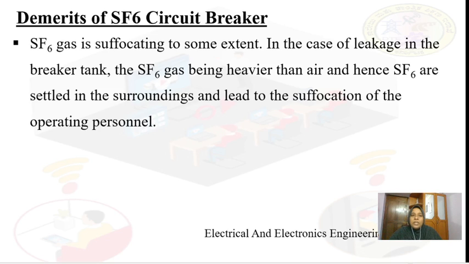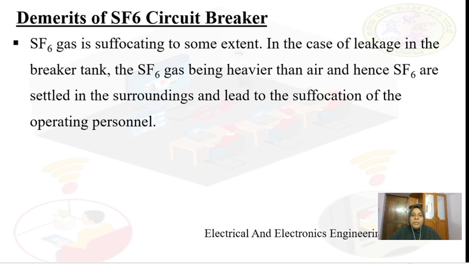SF6 gas will leak out and try to mix in the atmospheric air. But because it is a heavy gas, it cannot get mixed up in the air. It will settle down in the atmosphere like that. So the people who are working in that area, when they breathe the SF6 gas along with the air, there might be a breathing difficulty.